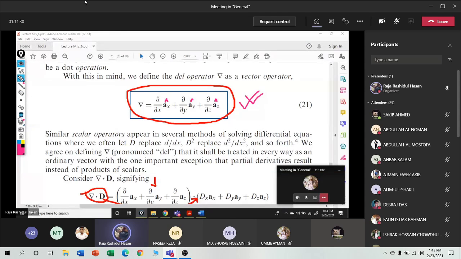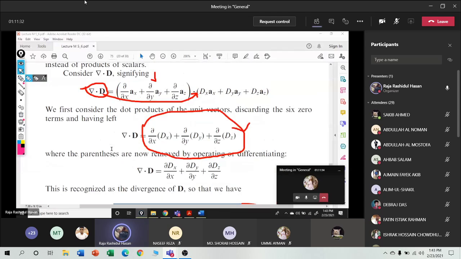Now if we do this operator dot D, then what will happen? The operator is what we just saw, del by del x ax plus del by del y ay plus del by del z az. This is the operator, and the vector format of D is this one, Dx ax plus Dy ay plus Dz az.